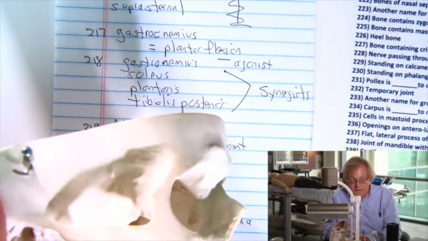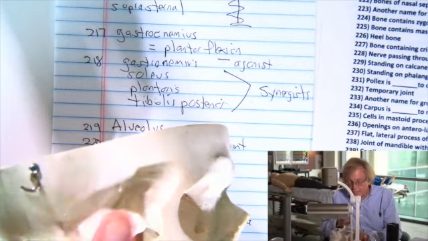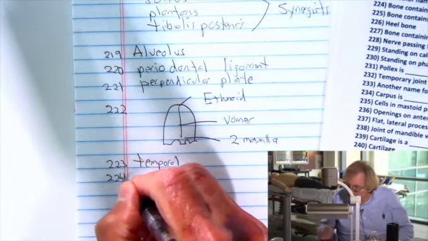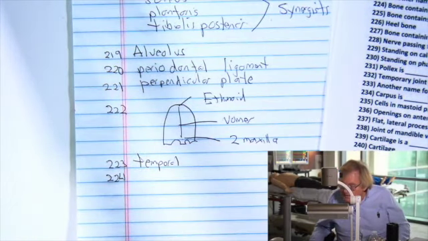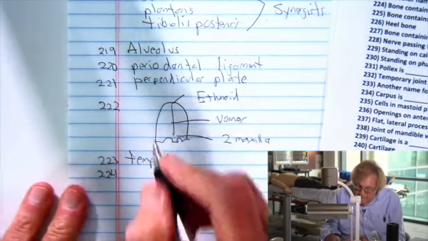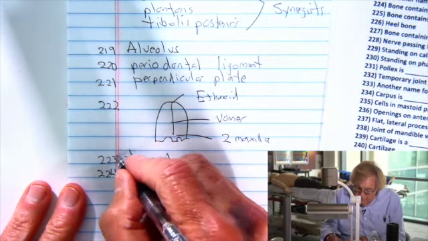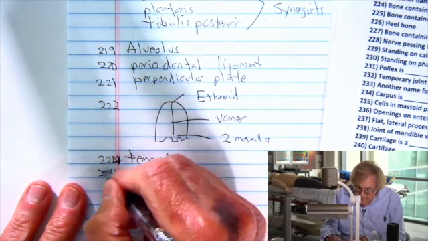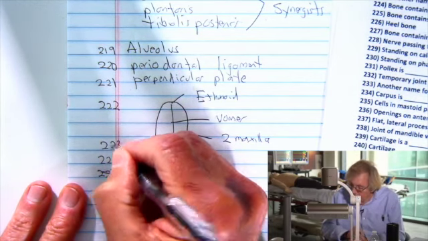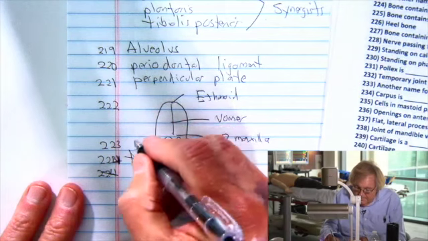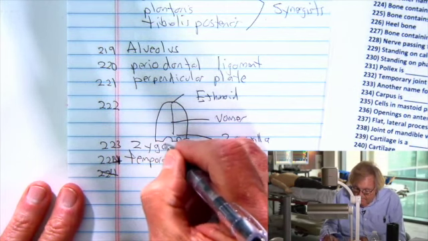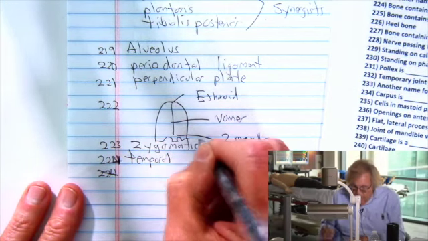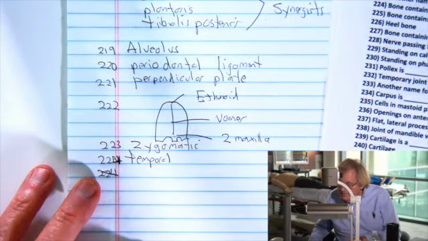But the majority of the arch here is actually formed by the temporal bone. 224, let's see, 223, oh, I'm sorry, this is 224, I missed it. 223 was another name for the malar bone, that's the zygomatic. So 224 is the bone that contains the zygomatic arch, that's the temporal bone.